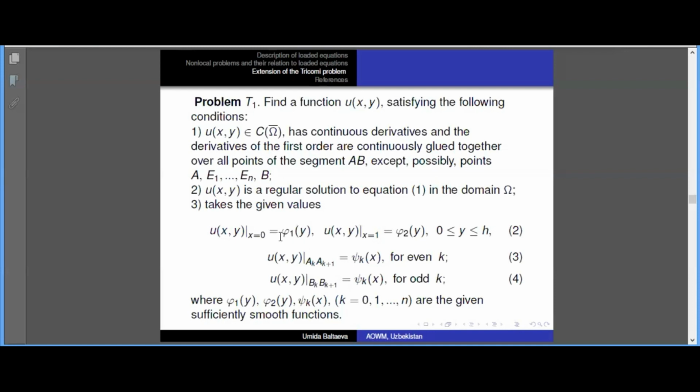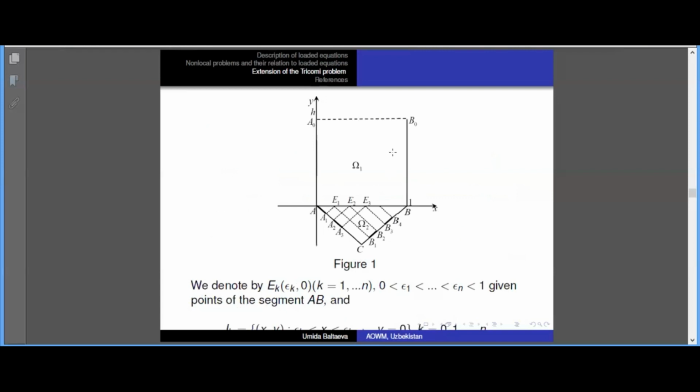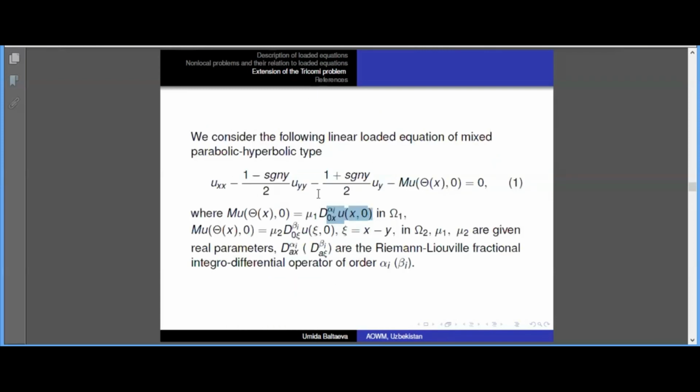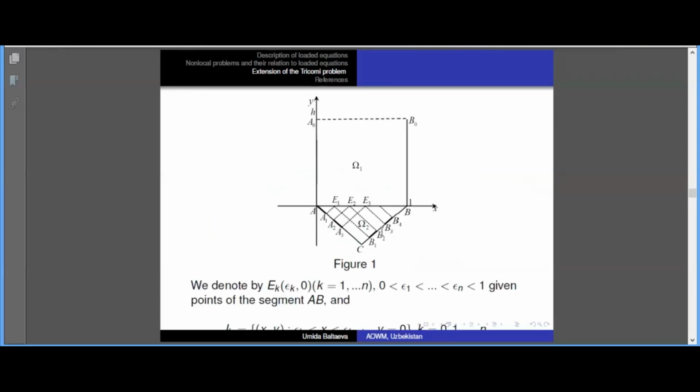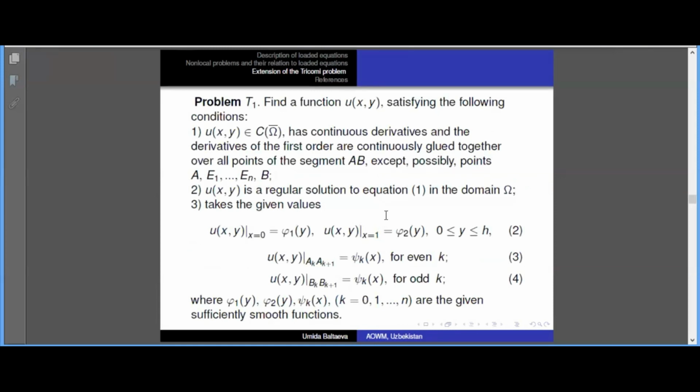And where phi and psi are given functions, at the moment simply smooth functions. What are we doing? We must prove existence and uniqueness of the formulated problem. We can prove existence and uniqueness for equation 1, this extension of the problem of trichotomy, and we can receive our results.